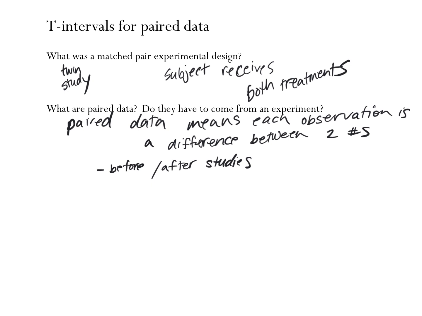I would look at each of you individually and say, how much did each individual improve, right? So we would take maybe after minus before, and that would give me your improvement score. And that would be paired data. Anytime something connects two data points, and what you're actually looking for is the difference between two individual points, that is paired data. Okay?